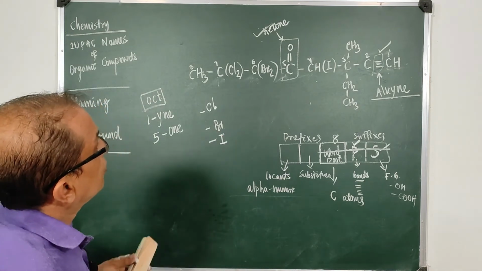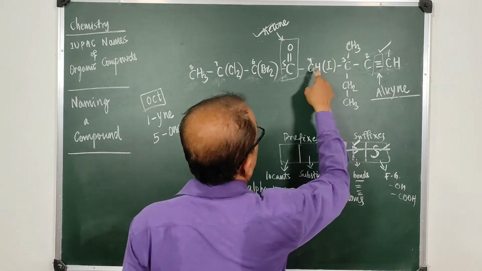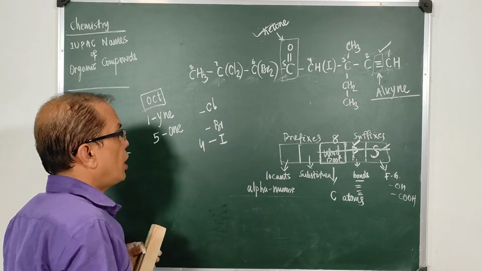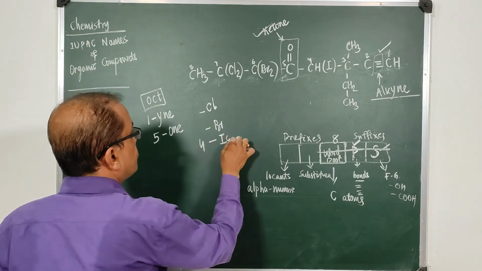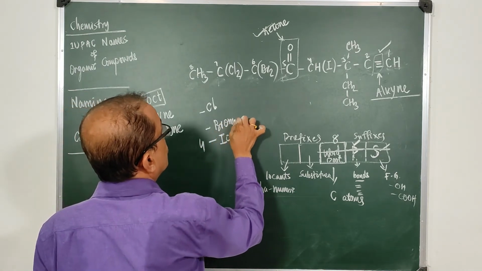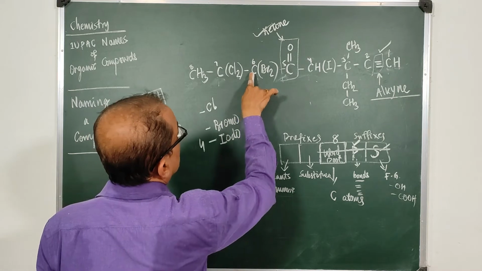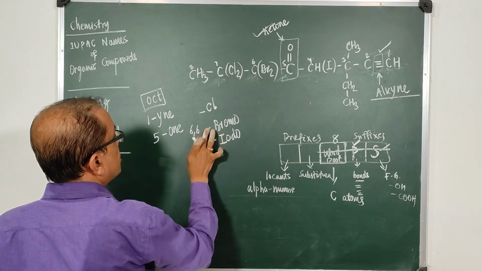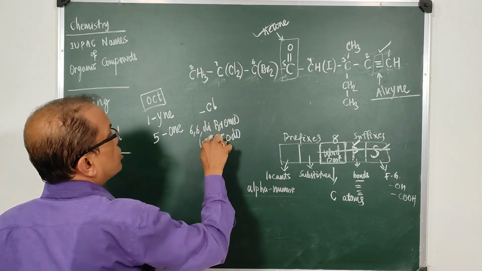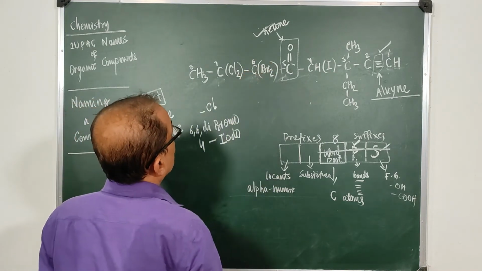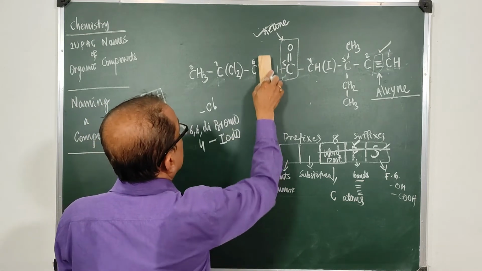Where is iodo? Iodo is at the fourth carbon atom, so there is an iodo at the fourth, and there is a bromo. There are two bromos at the sixth carbon atom, so I can write 6,6-dibromo because there are two bromo.